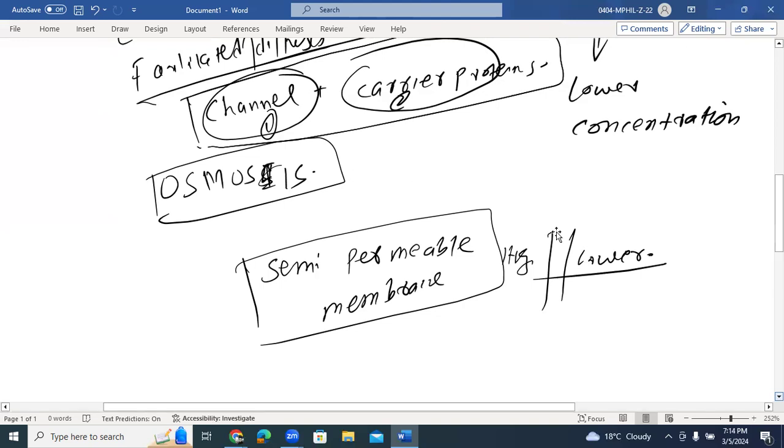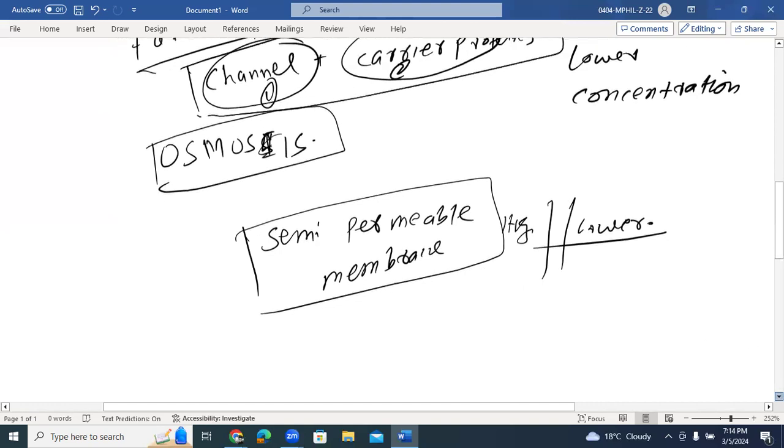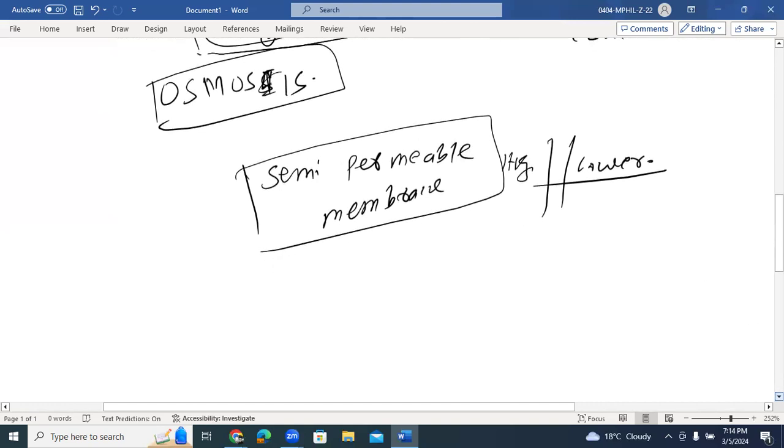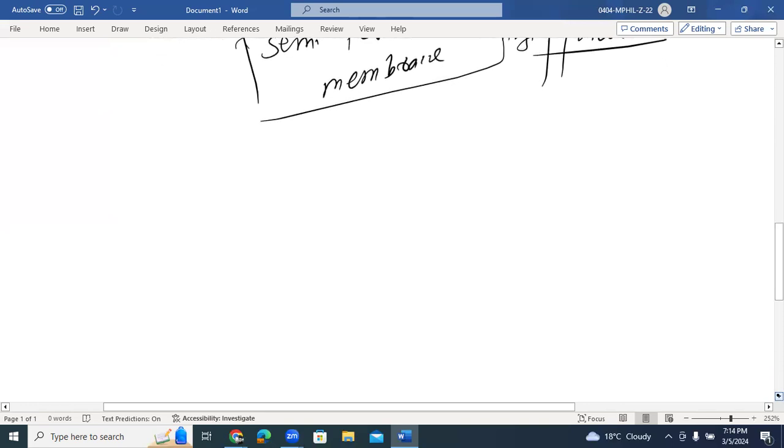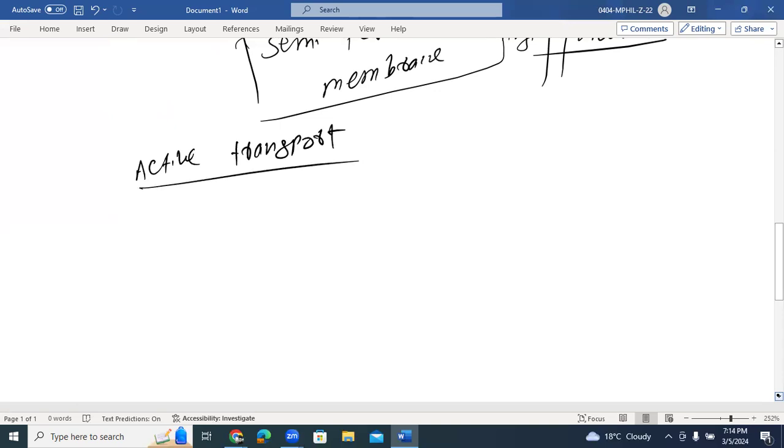So the next point is active transport. Let's talk about active transport. That would help us understand another type of movement. The important thing is we should know the examples. How will you define active transport? Sir, is it not the opposite of passive? The movement of ions by using ATP.